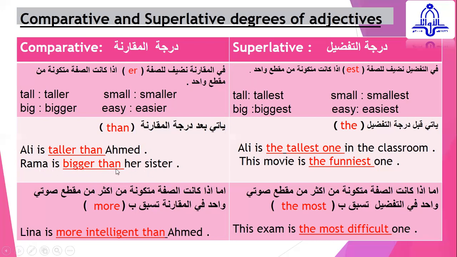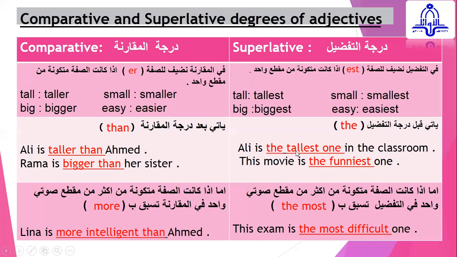Rama أكبر من أختها. Here bigger is a comparative. We use the word than. إذا لاحظوا إنه كلمة than هي كلمة مميزة مع comparative. While in superlative we use the word the. يأتي قبل درجة التفضيل كلمة the. For example, Ali is the tallest one in the classroom.